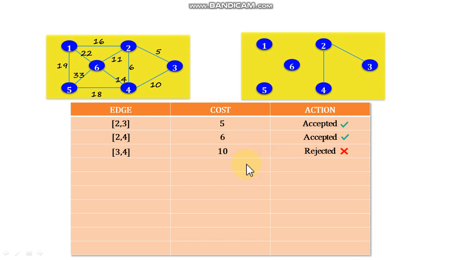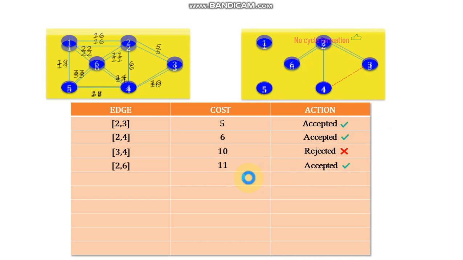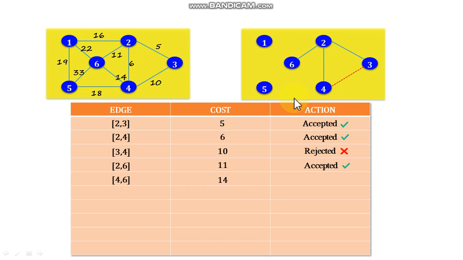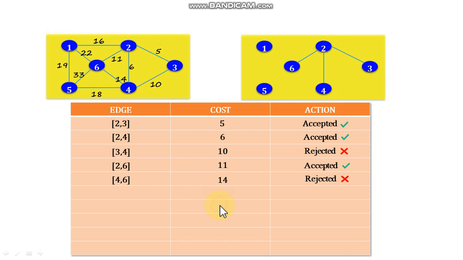Likewise, I am choosing the next smallest cost and corresponding edge and drawing the edge. No cycle has formed, so I can accept this edge. The next smallest cost is 14 and the corresponding edge is 4 to 6. Drawing the line, it has formed a cycle, so I cannot accept this. So I am rejecting it.